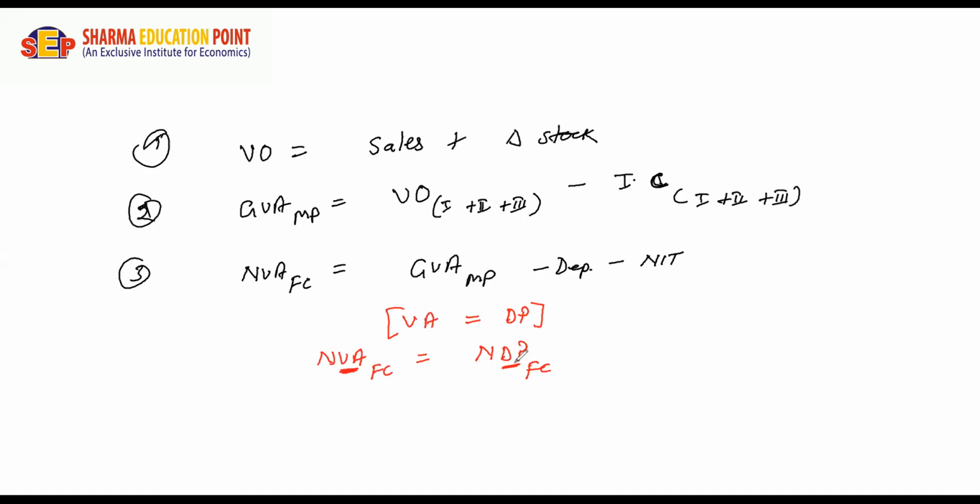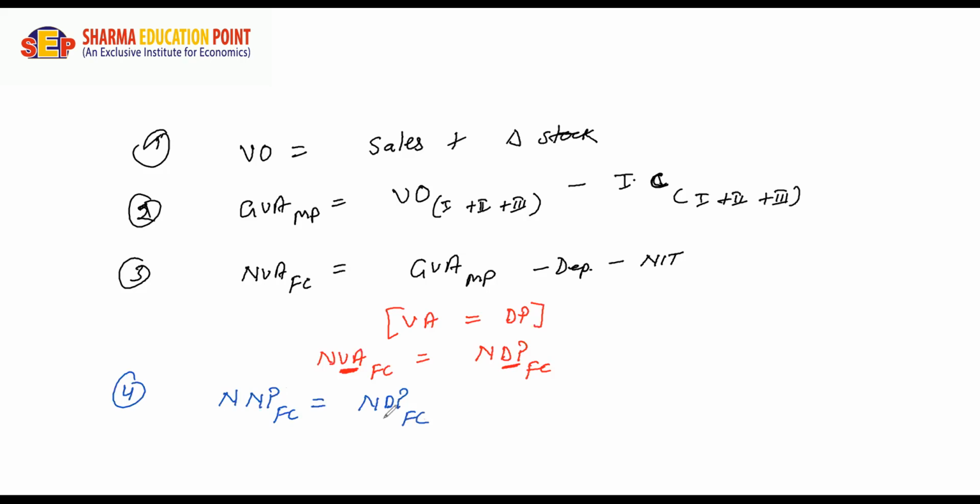Now the final step, fourth step, national income. You know that national income is termed as NNP at FC. This is national income. And you have NDP at FC. Now what can we do?